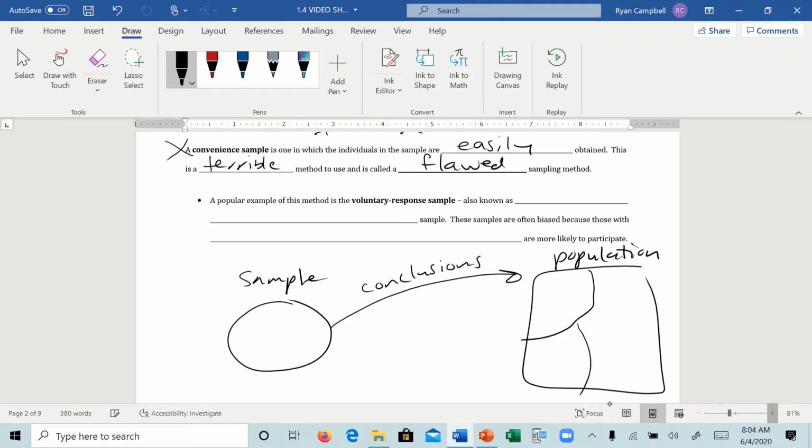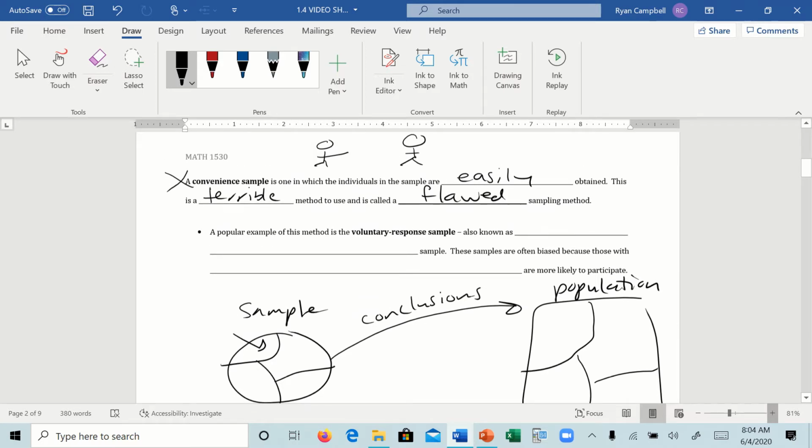If the population is broken up like this, you also need your sample to try to be as broken up as that, right? If you're just talking to all of the same type of person, well, that's not going to be helpful at all. That's not going to be talking about the entire population. So we need to try to get as many different types of people as possible. Just doing it the laziest way is not going to be great.